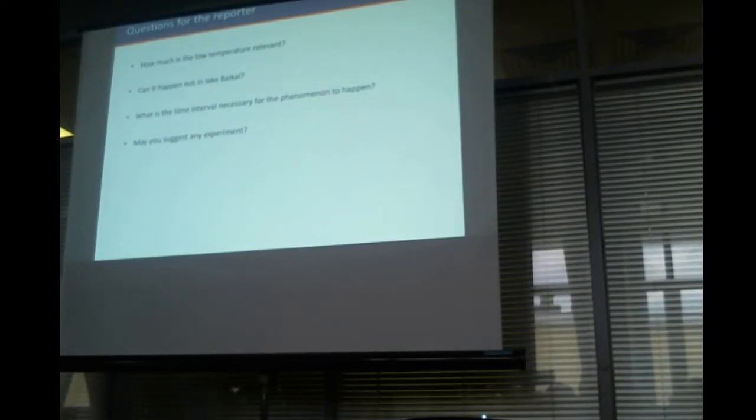Must it be just below 0 Celsius, or very low? Then, can it happen just in Baikal, on Lake Baikal? What is the time necessary for this phenomenon? How much time does the lake need to form the environment to form the stand?